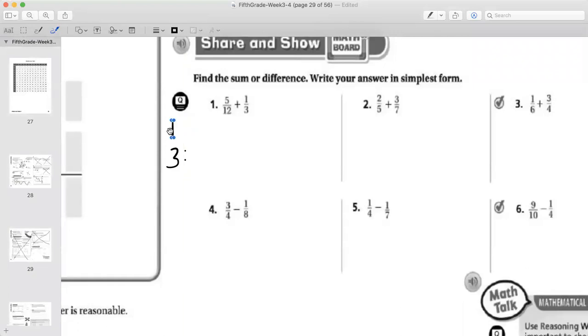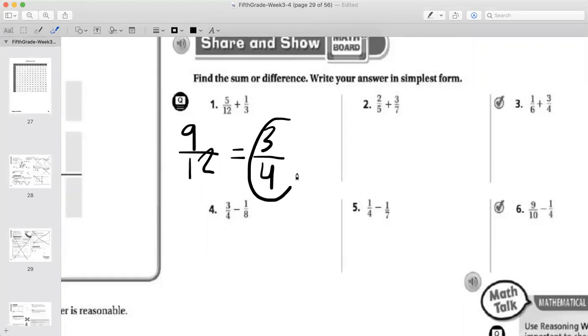Sorry for all the technical difficulties apparently today and yesterday. Okay, so we said this was 9/12 once we did all of the work. And then when we simplified it, whoa, we ended up getting 3/4 as our perfect final answer, okay?